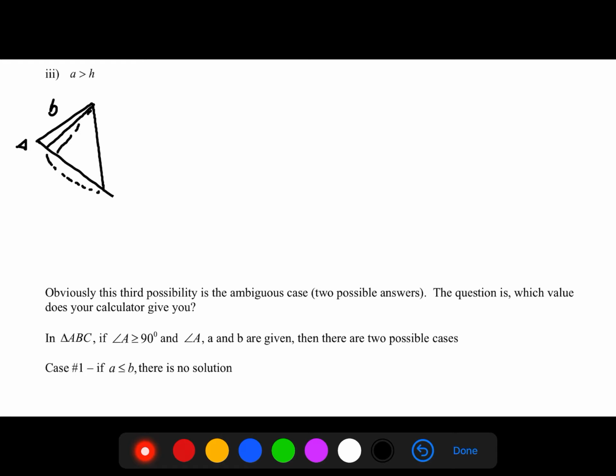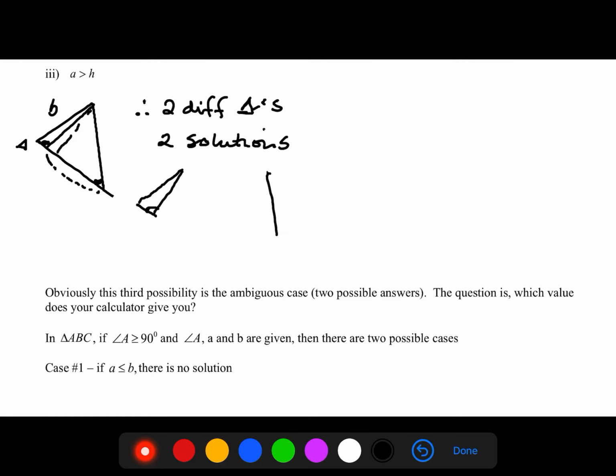But notice that if we swing this pendulum around, we could also draw it over here. It's going to create a smaller angle B in here, but a bigger angle B over here. So there are two different triangles that can be drawn, which means two different solutions to our problem.